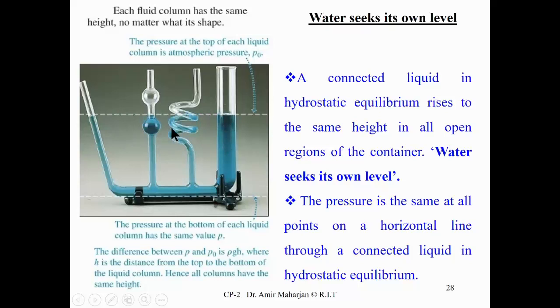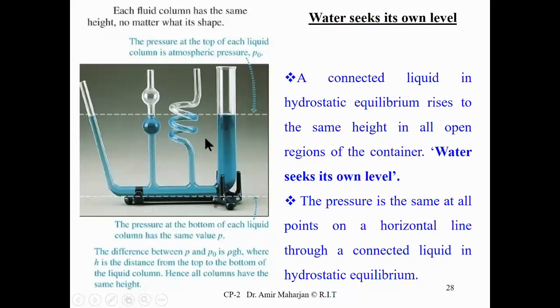So what's the science behind that? Since they are all open to the atmosphere, the pressure on the top of this liquid is exactly the same. So if you draw any imaginary horizontal line across this liquid, there shouldn't be any pressure difference between any two points along this line. If there is, then liquid would flow from higher to lower pressure to maintain the height.